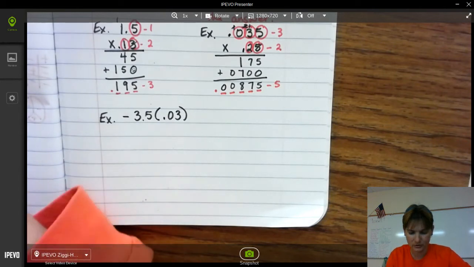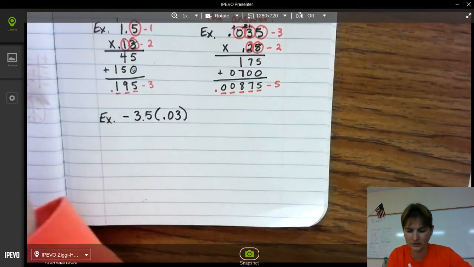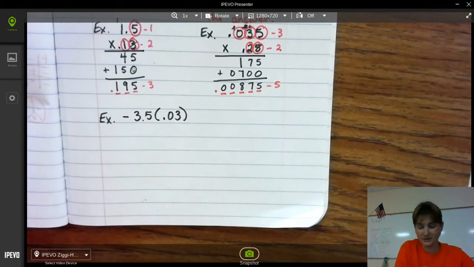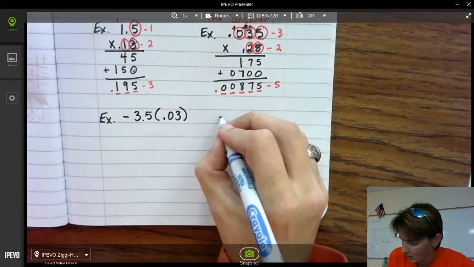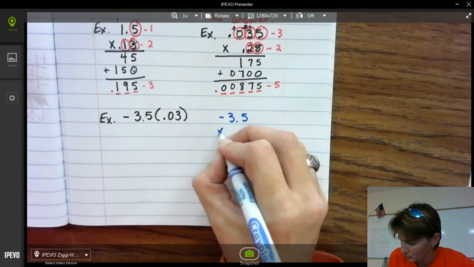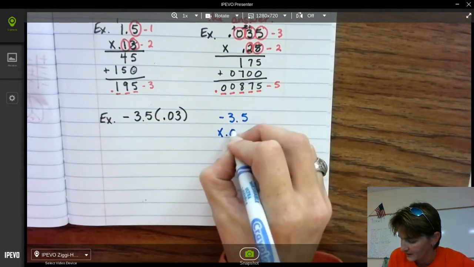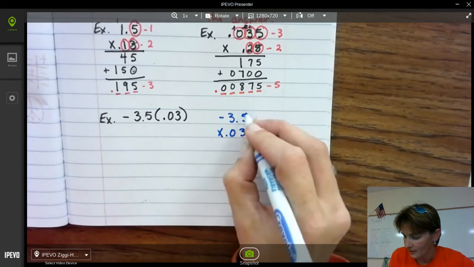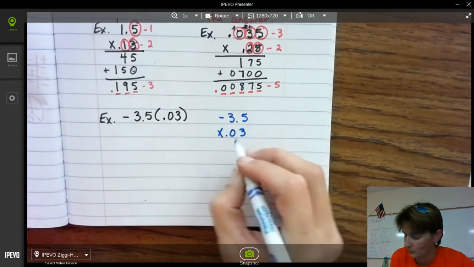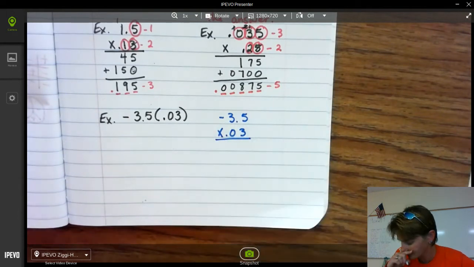All right, so grab a different color and show that. So off to the side, we want to take our negative 3.5 and we are going to multiply that by 0.03. We want to stack our numbers because this is how we normally do our multiplication.